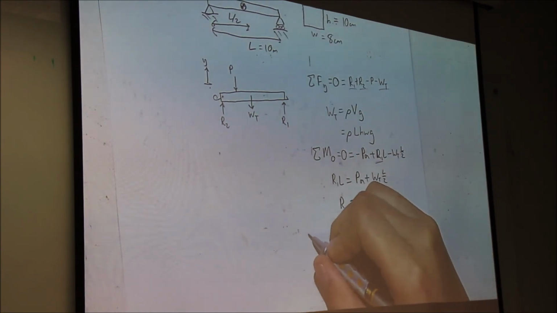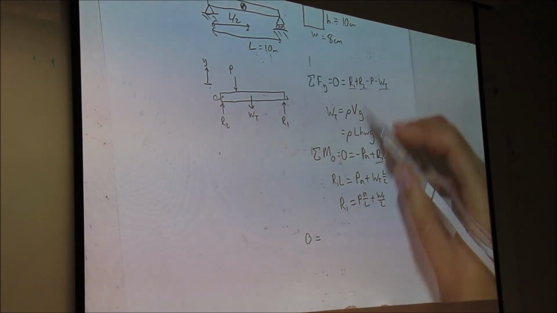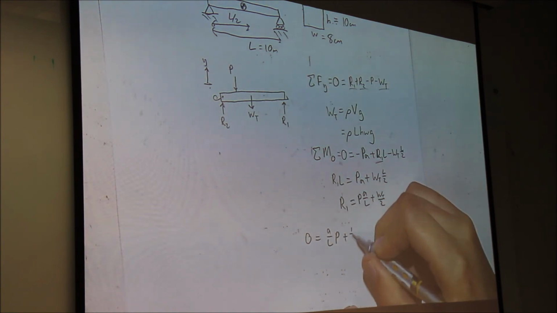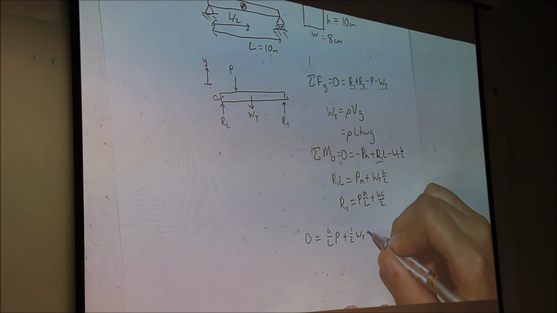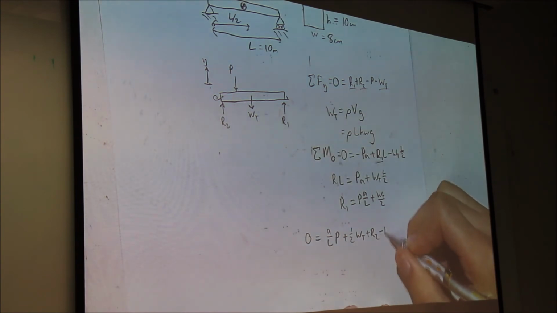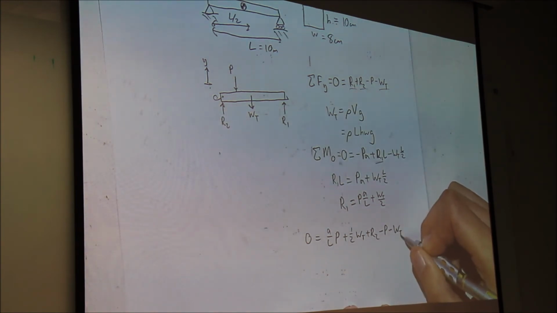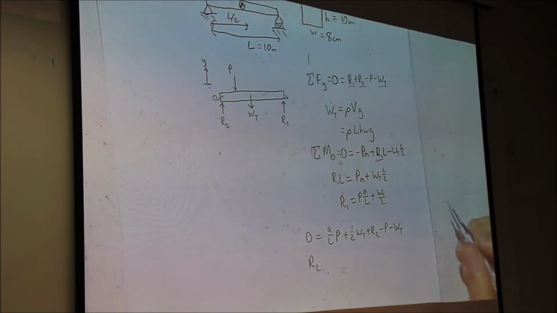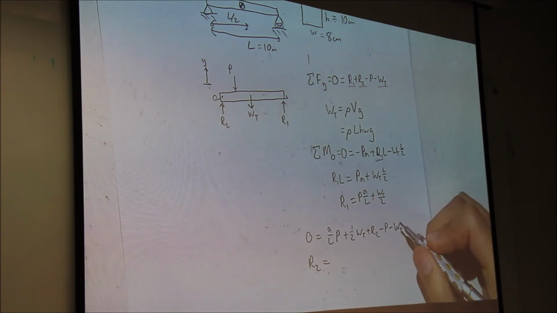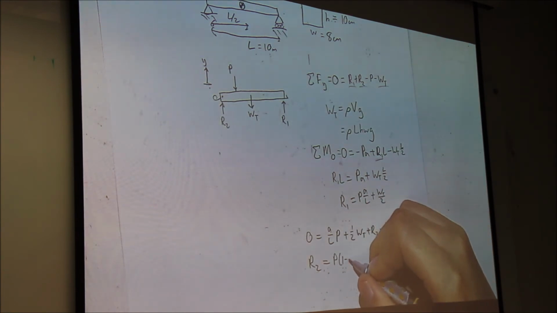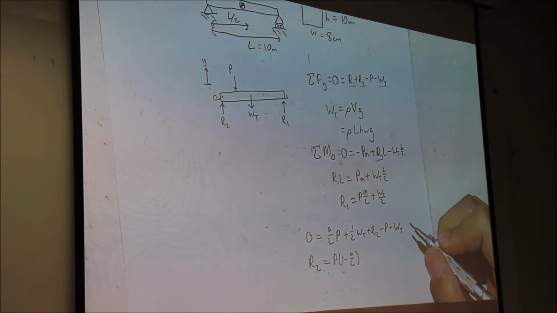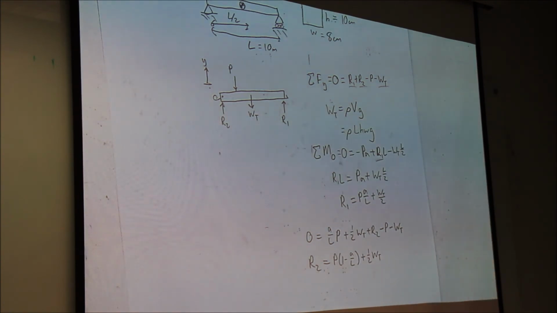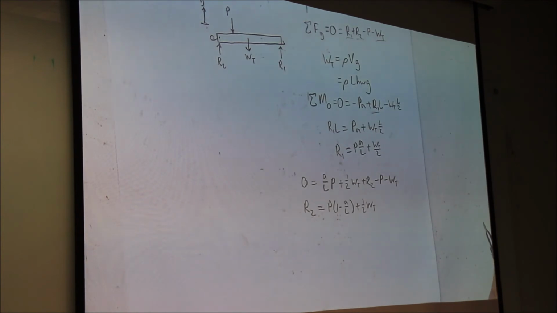We know that 0 is equal to R1, which is A over L times P plus 1/2 weight total, plus R2 minus P minus weight total. So we know that R2, moving everything to the other side, is going to be equal to P times (1 minus A over L) plus 1/2 weight total. I think I did that right.